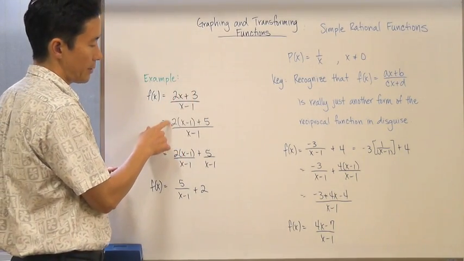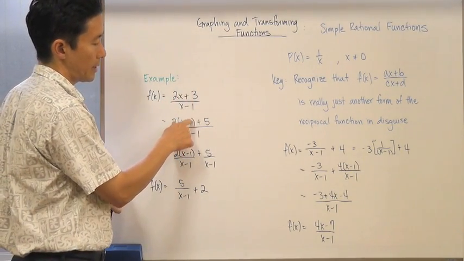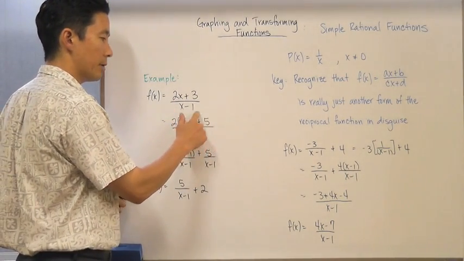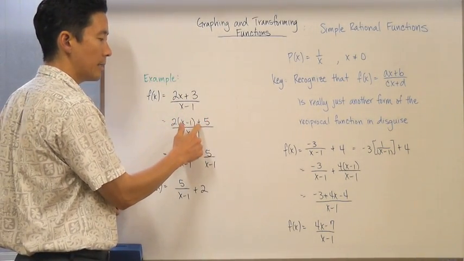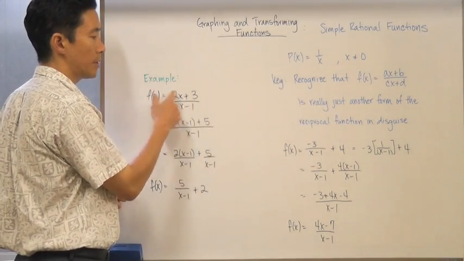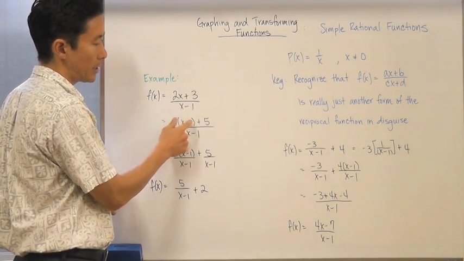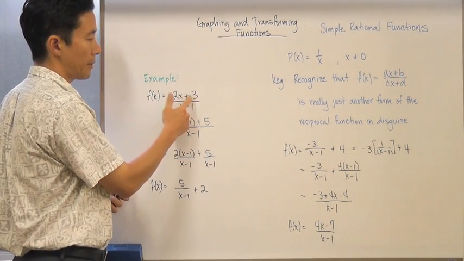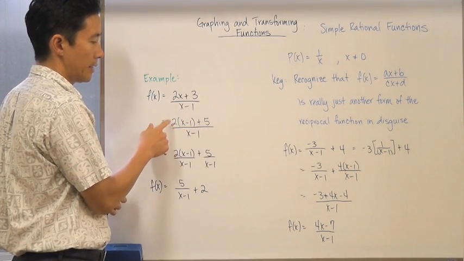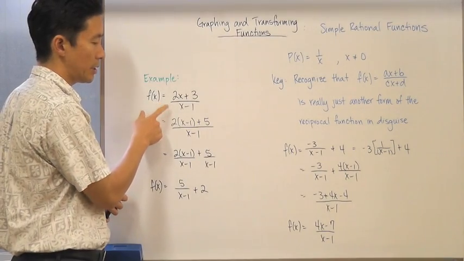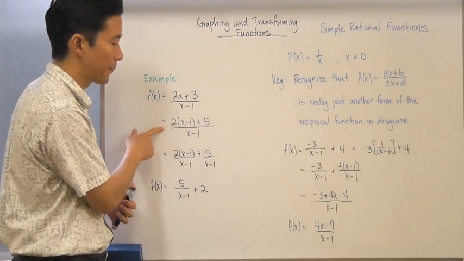So I'm just going to put 2 times x minus 1. After that, I just need to determine what constant I need to add to that in order to make sure that I come up with 2x plus 3. So if I take a look at this, this is 2x minus 2. Well, in order to get plus 3, I have to add 5 to that. So notice that this equation here is exactly the same as this equation here. It's just that the form is slightly different.